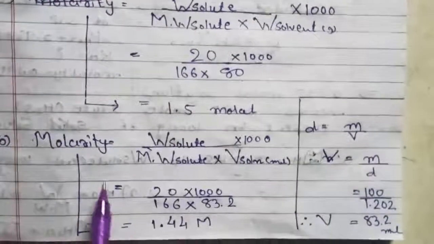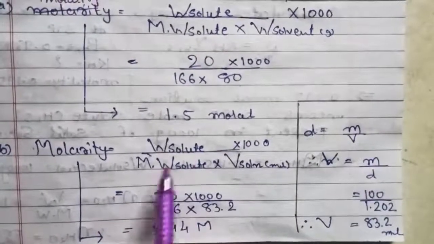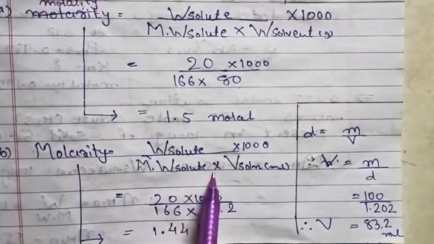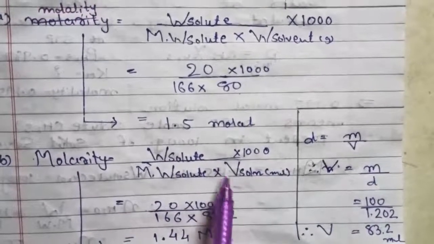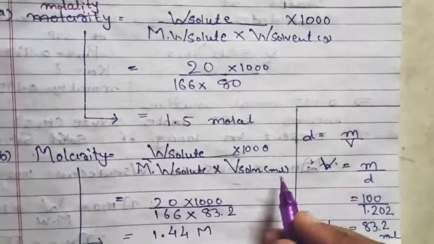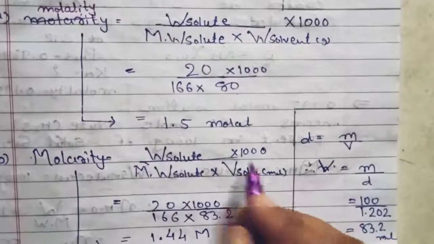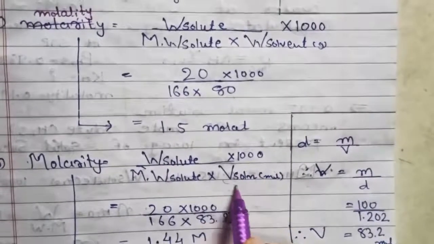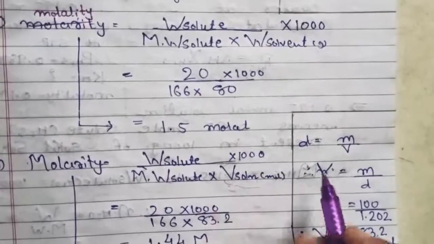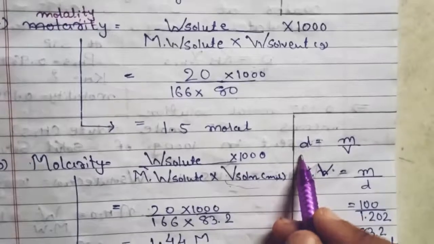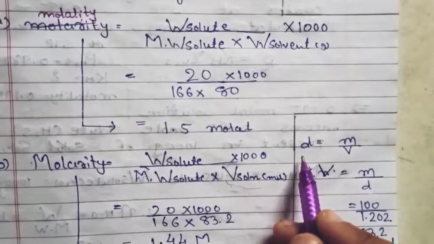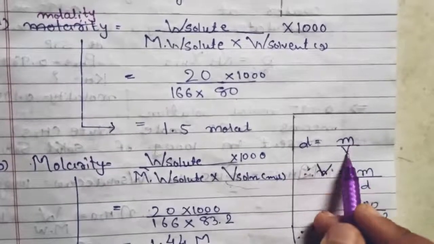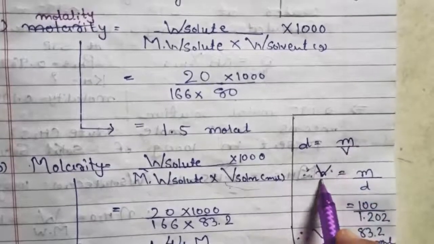Similarly, the molarity is equal to mass of solute divided by molar mass of solute multiplied by volume of solution. It will be in ml, so we have to multiply by 1000. Now we need the volume of solution. For that, density is given, so we can use the formula density equal to mass by volume.